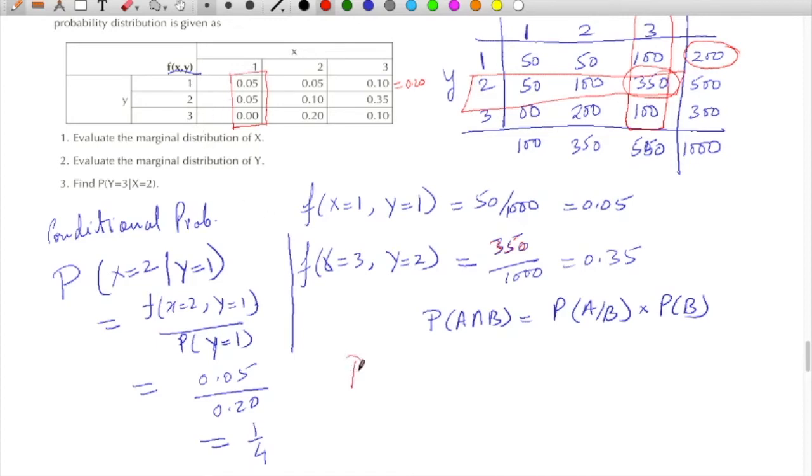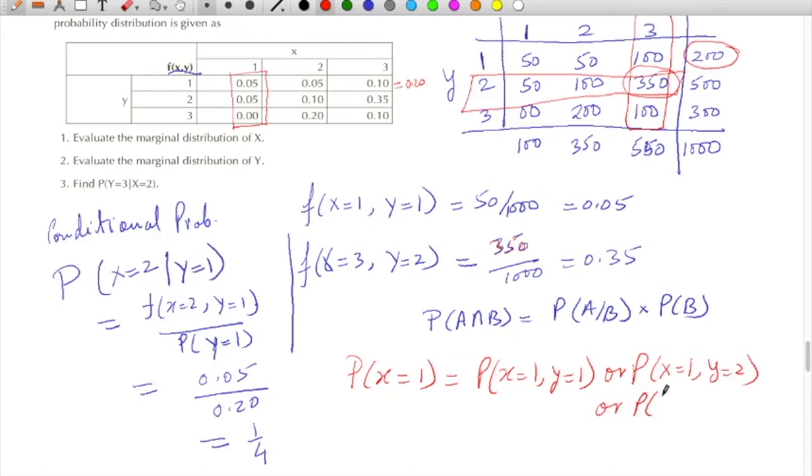So the probability that x is 1 is the probability of x1 and y1, or x1 and y2, or x1 and y3.